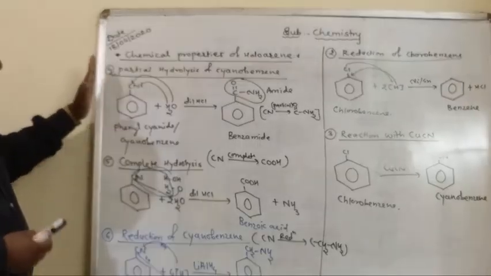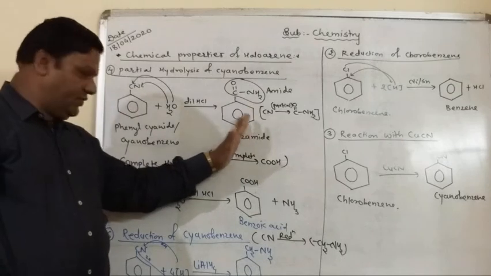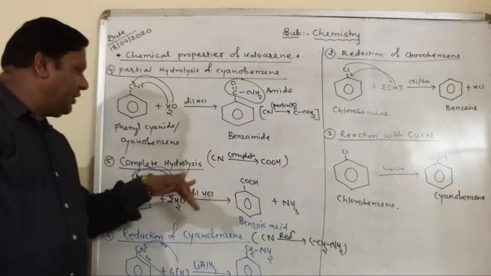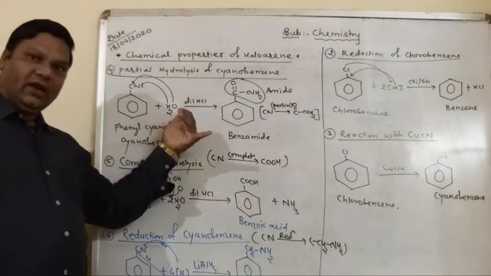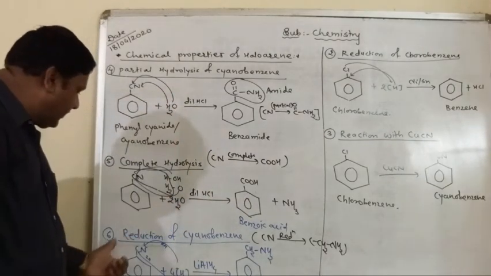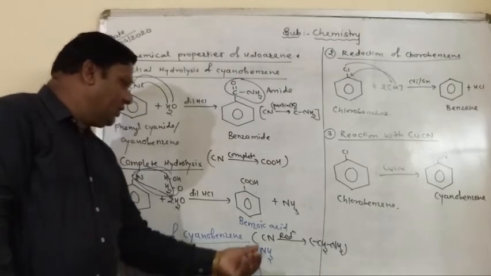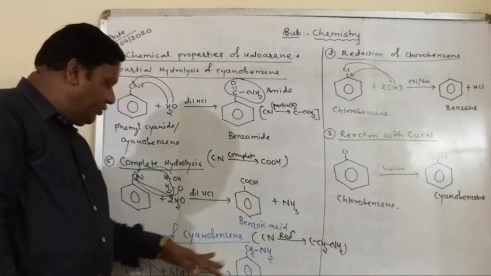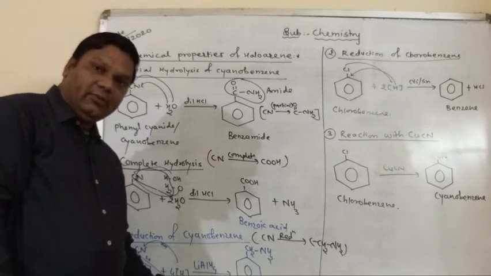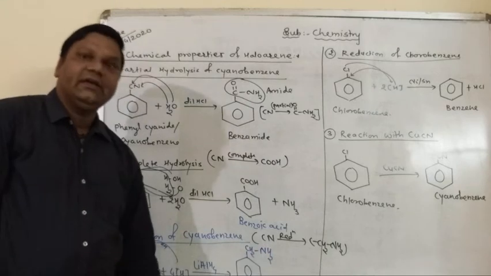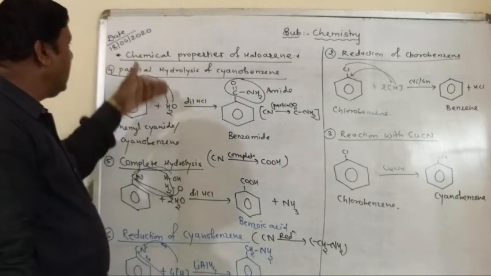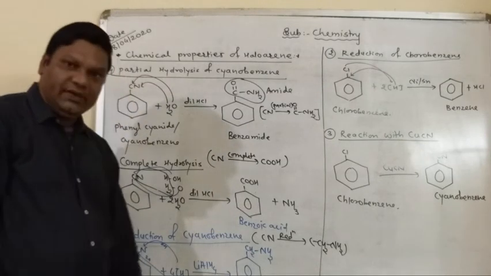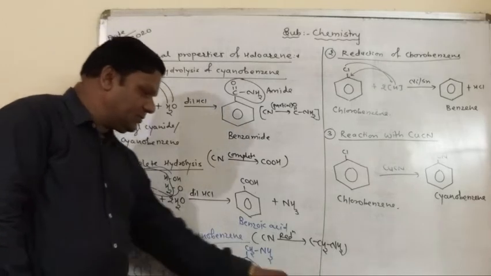In partial hydrolysis, cyanobenzene is converted to benzamide. In complete hydrolysis, cyanobenzene is converted to benzoic acid. Here 2 waters are added; in partial hydrolysis, 1 water is added. And in reduction of cyanobenzene, 4 hydrogens are added using the reducing agent lithium aluminum hydride to get benzylamine. Okay, so these are the simple reactions of cyanobenzene. So please note this down.